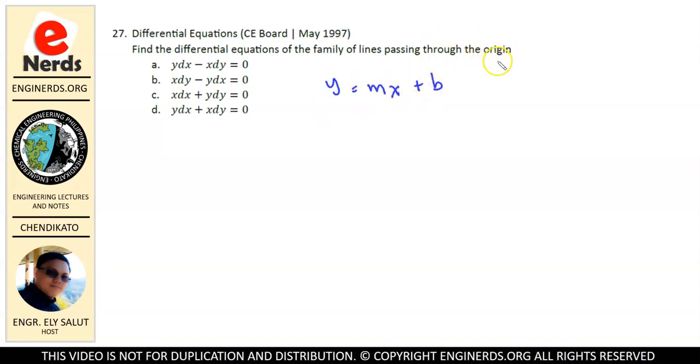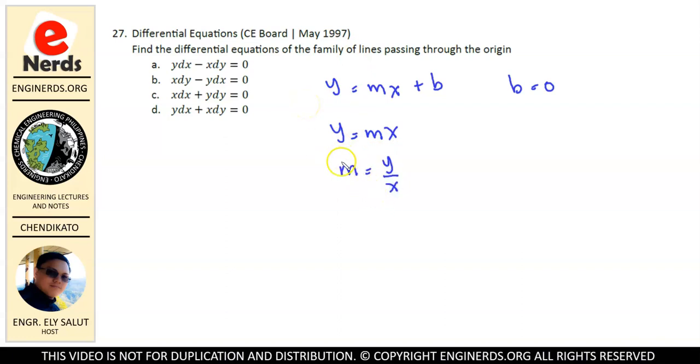And it passes through the origin. Okay, so that means our b is equal to 0. Okay, yan yung ating y-intercept. Okay, so if our b is equal to 0, that means we have y is equal to mx. Right? So, our m is equal to y over x.